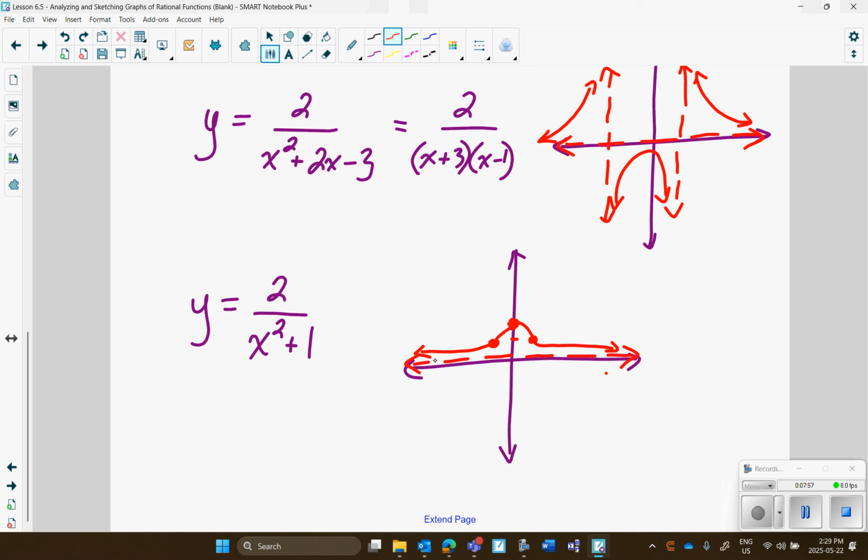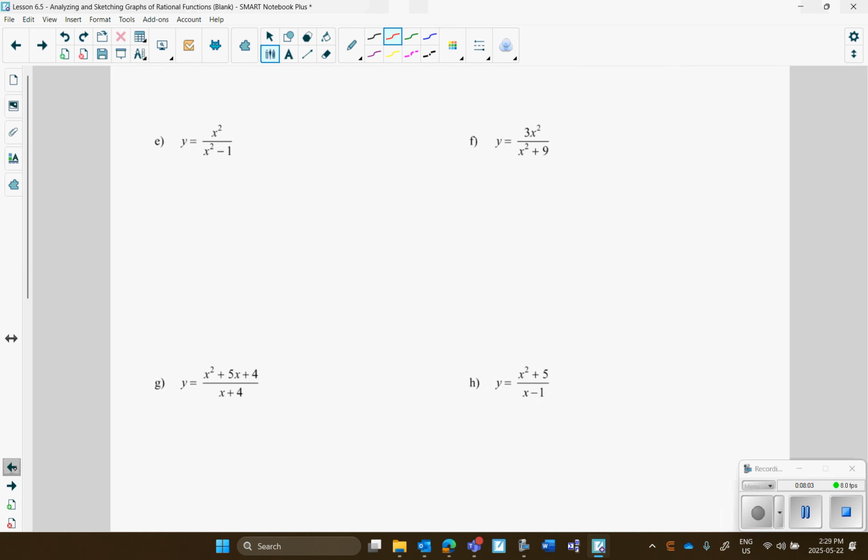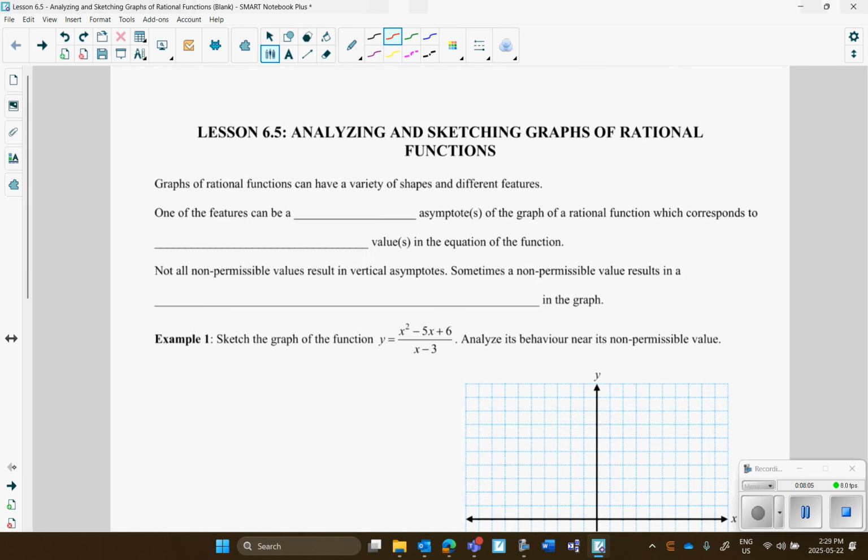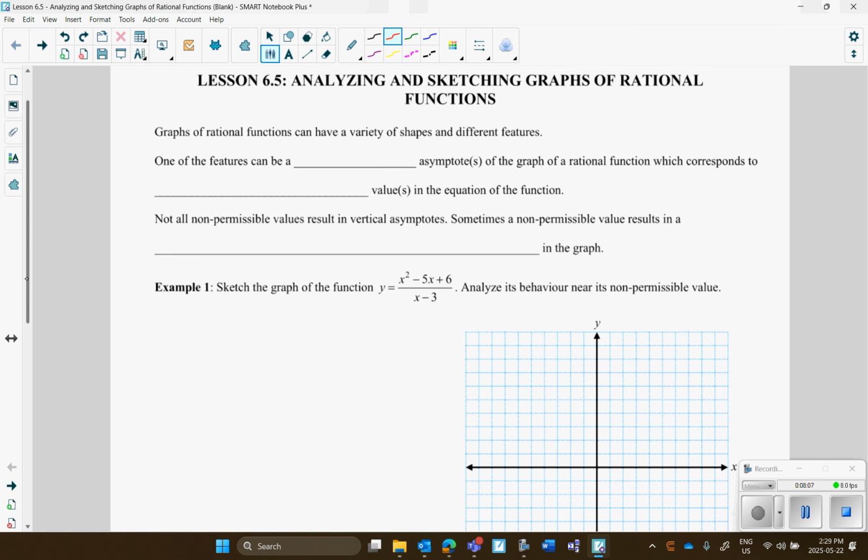Now, let's talk about 6.5. You can see right from that first sentence, and we just saw by all the ones we looked over, the thing with rational functions that makes them a little bit challenging is that they can take so many different types of shapes. But generally there's curves involved, for the most part.